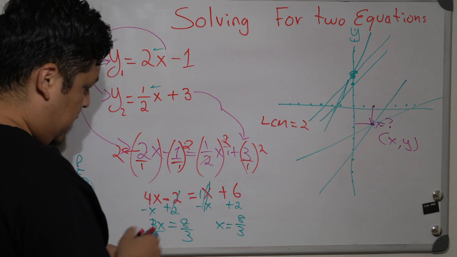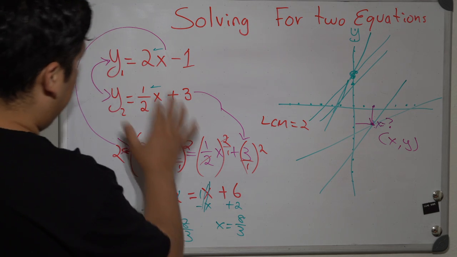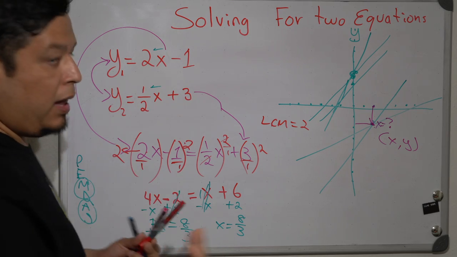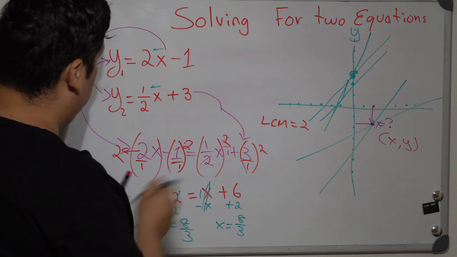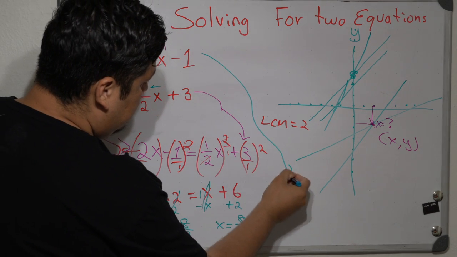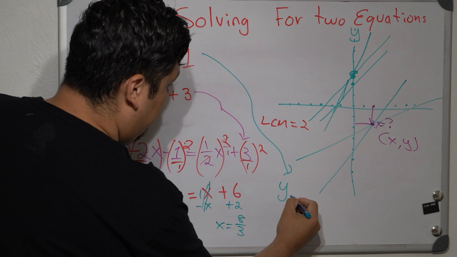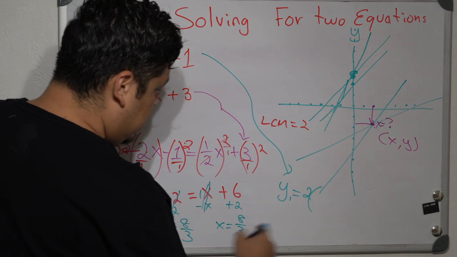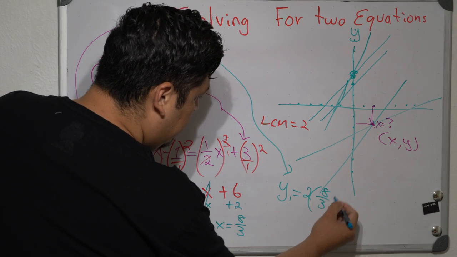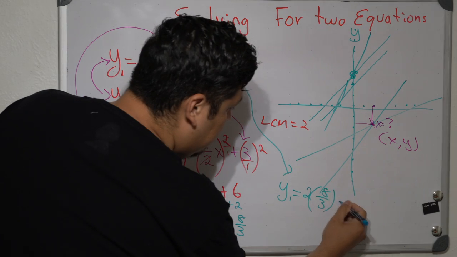Now that we have our x value, we can go back to either of the two equations and plug in the x value. For instance, let's take the first equation here. We need to find what the y value is. We have a 2, and then x, which is 8 over 3, and then minus 1.